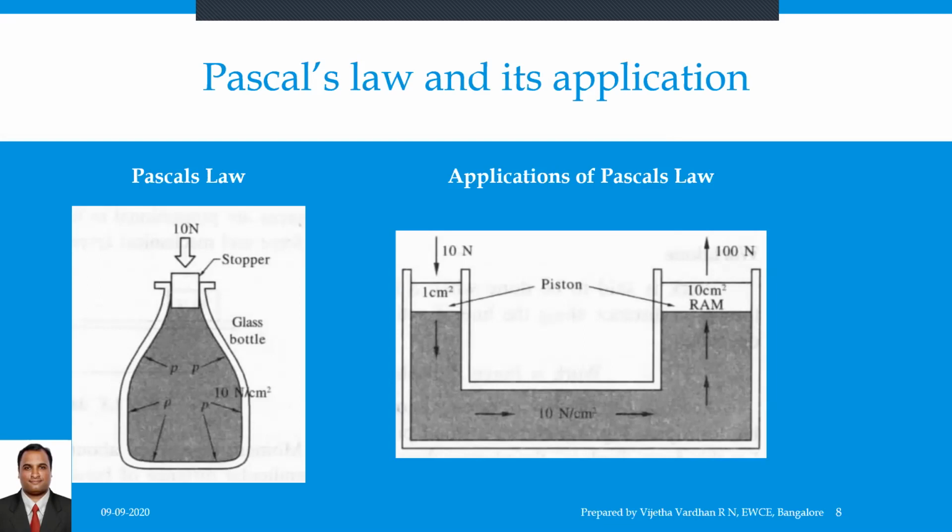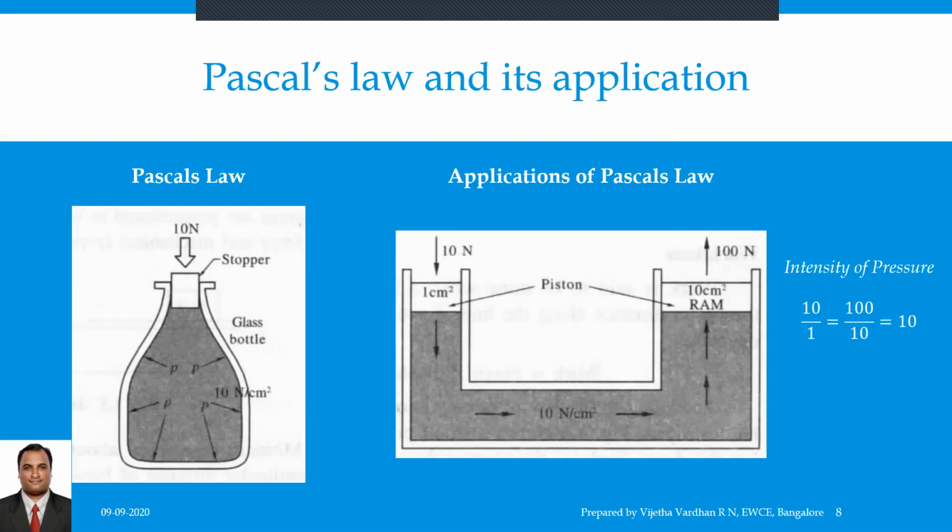You can observe the load lifted by the ram is calculated by 10 Newton per square centimeter into 10 square centimeters, which is 100 Newton. In other words, the fluid can lift a load of 100 Newton.